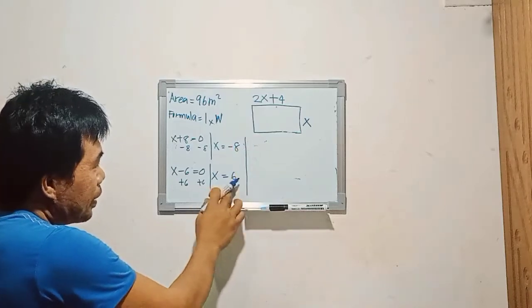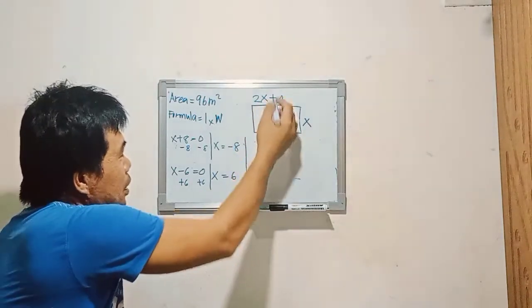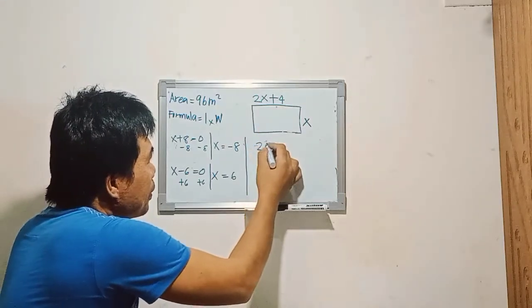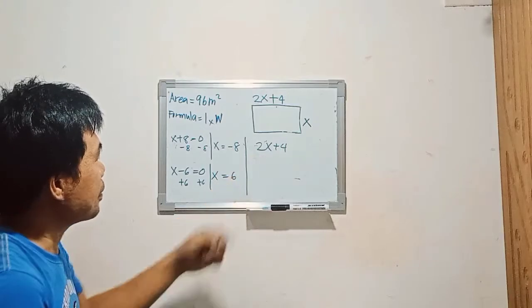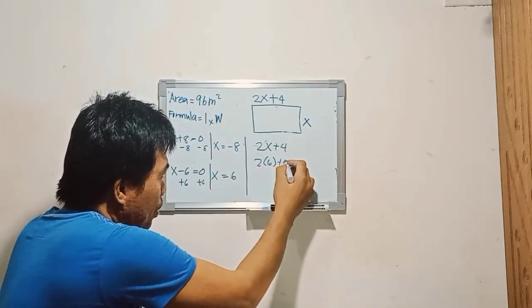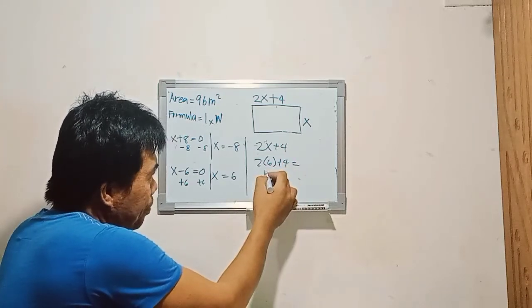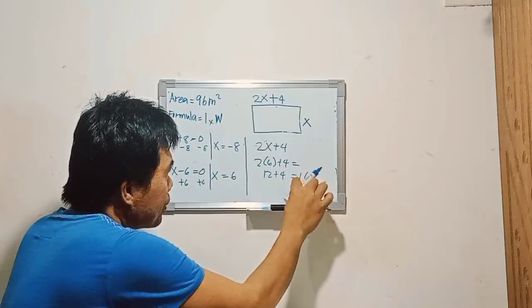We will use the second solution, x is equal to 6. So 2x plus 4. We will substitute x as 6. 2 times 6 is 12, plus 4, so equals 16.